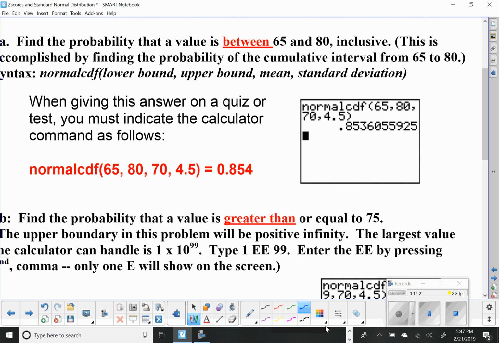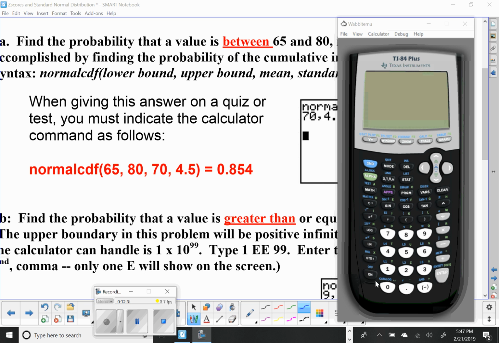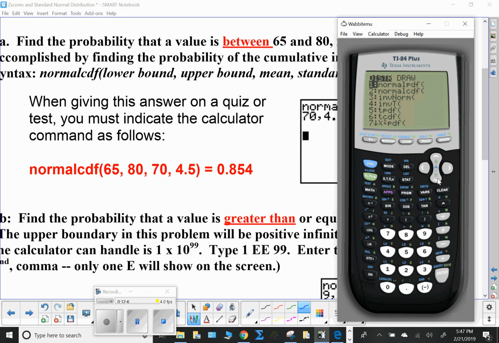Okay, so let's start. We're going to find the probability that a value is between 65 and 80 inclusive. That means I'm going to take my calculator and turn it on. I'm going to do second vars, normal CDF, which is number 2, and I'm going to say that I want something that's between 65 and 80 if 70 is my mean and 4.5 is my standard deviation.